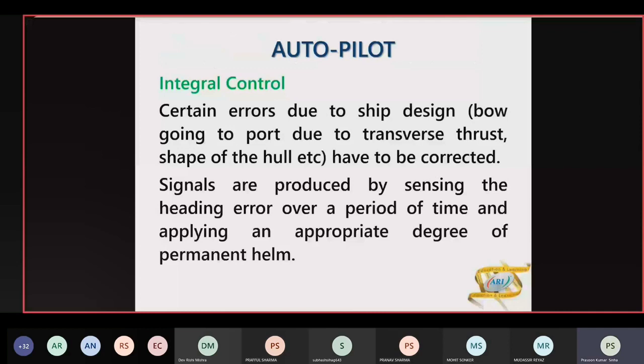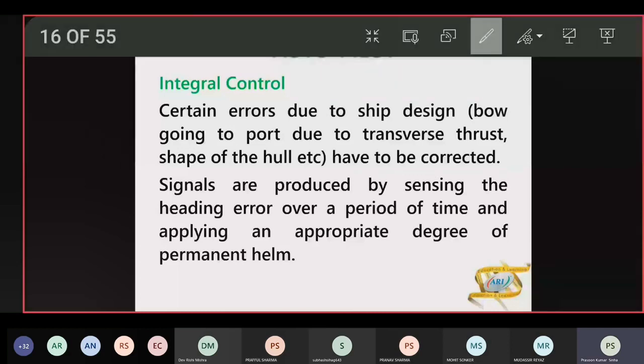So this is also done smartly by the system. It senses the heading error over a period of time. बार बार वो चेक करता है कि क्या चेंज हो रहा है. If it is observing that every time the ship has a tendency, then it will apply permanent helm.